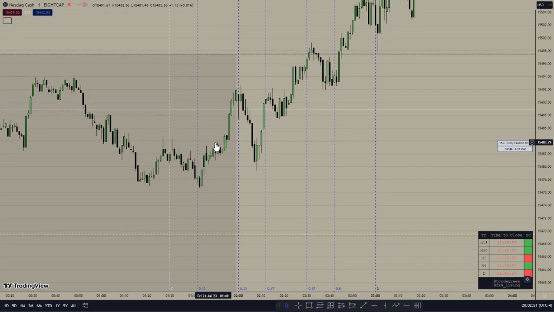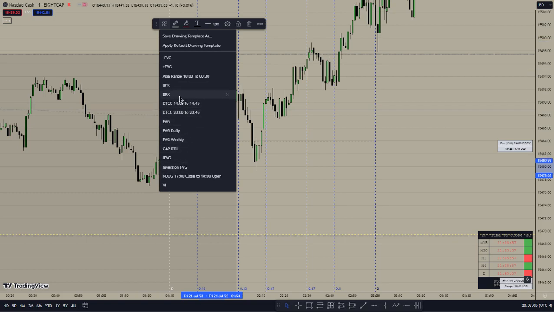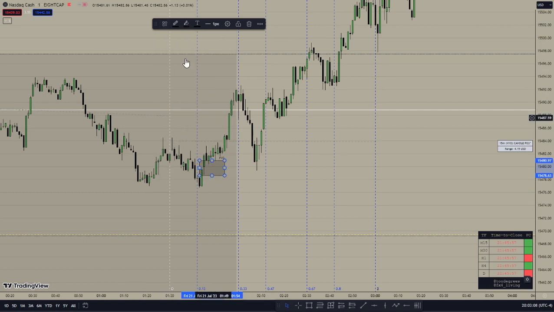So as you can see here, London, you have a volume imbalance right here, and you have a fair value gap, right? So these two candles, it's a fair value gap right there. No, this one.